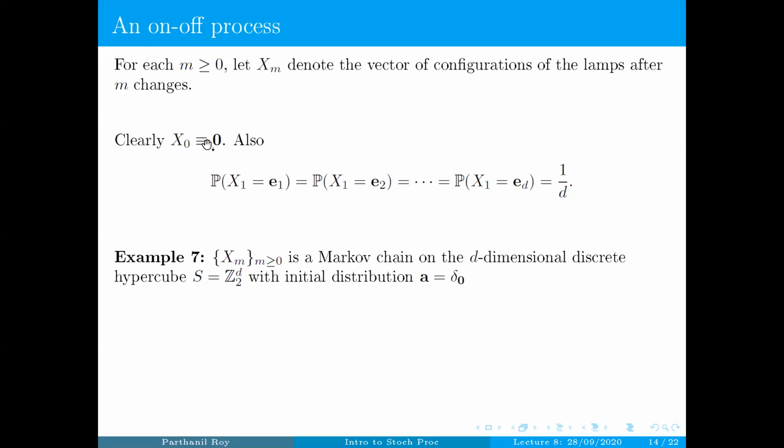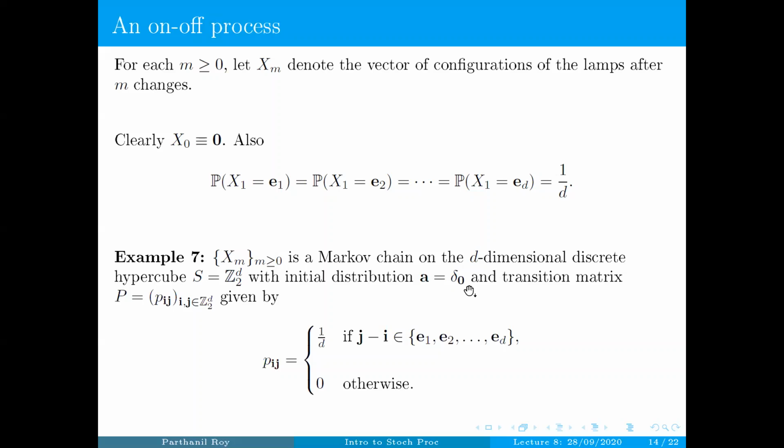Since you start with all lamps off, this is the initial distribution. And what is the transition matrix? The transition matrix P_ij, where i and j are configuration vectors, is given by: whenever the difference between j and i is one of the basis vectors, then this probability is 1 over d, and it's 0 otherwise.